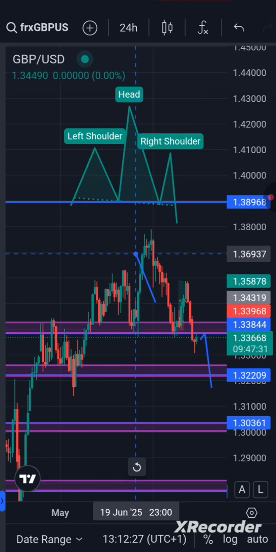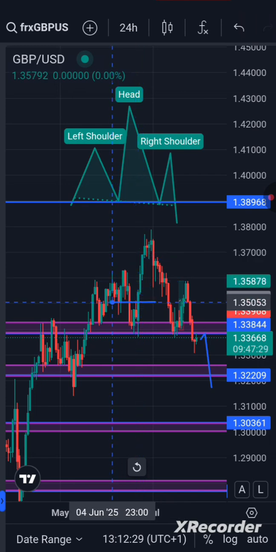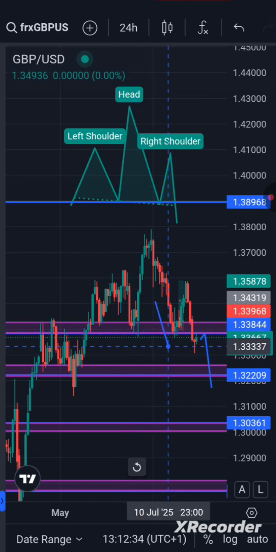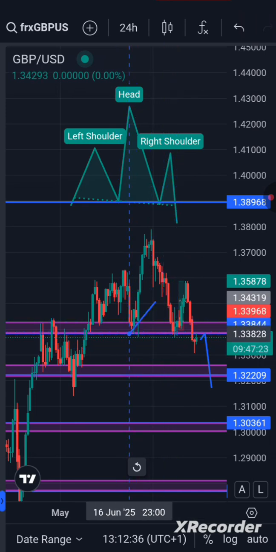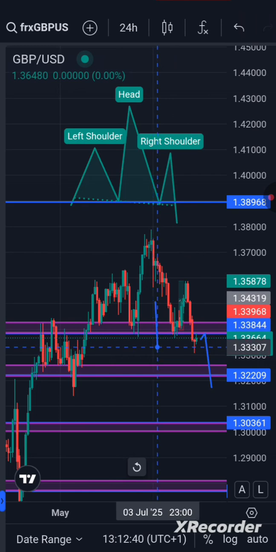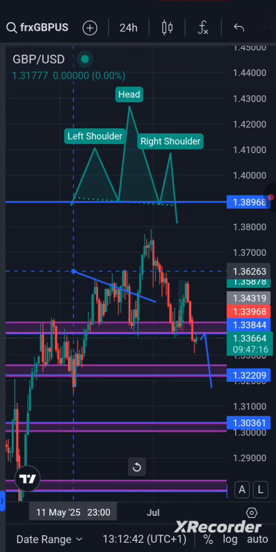It gave me a correctional pattern, a head and shoulders pattern, and it broke below this support that I'm showing you. So when it breaks below the support, I'm waiting for a retest on that strong level in order for me to sell. So that's all for this video.